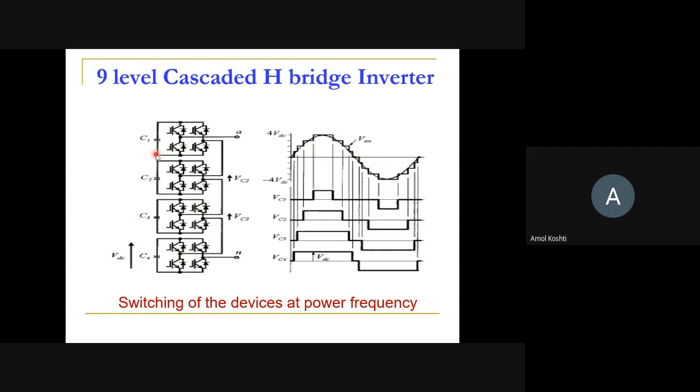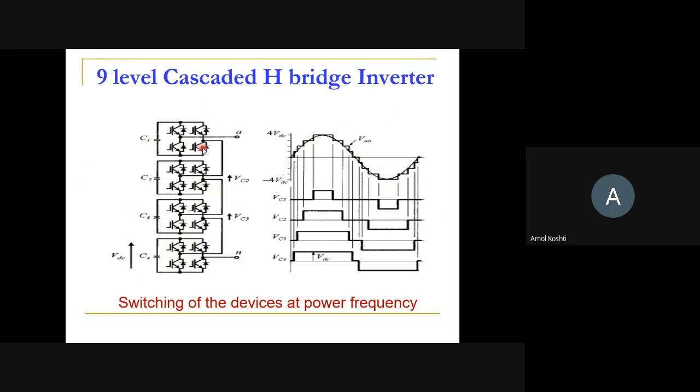What is the maximum voltage we can get at the load side, that is A with respect to N? You can see this is connected in series, which can also be called a cascaded connection. So VDC plus VDC plus VDC plus VDC, we get a maximum of 4 VDC at the output side.